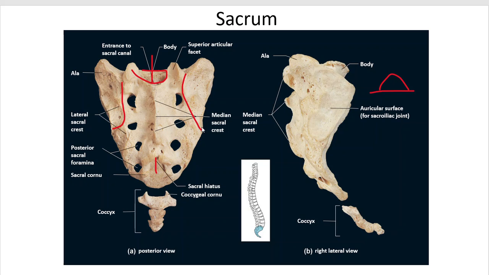So we call those the ala, or alae if you're doing the plural. All right. Oh, and there's the coccyx. You don't need to know that or the hiatus, obviously. And we're good on that.